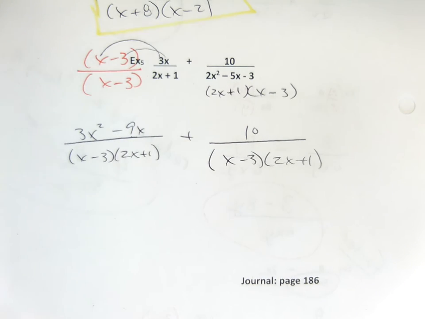Well, I need to add them, but it's just going to be like algebra. I'm going to add these, but it's going to be like algebra. You can't really add any of these.